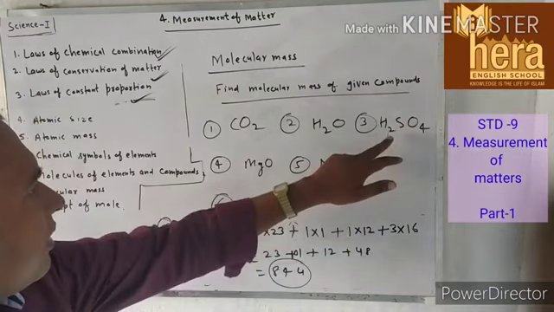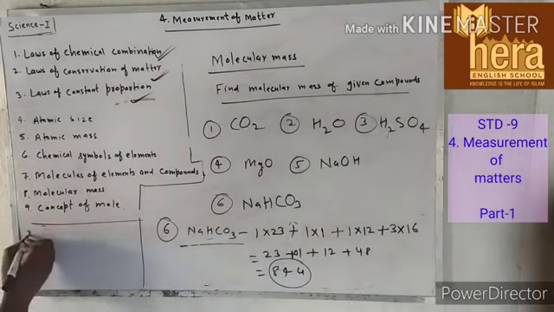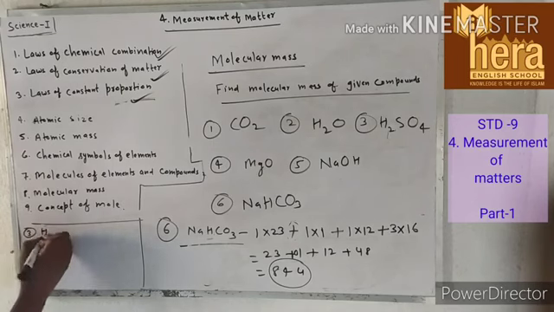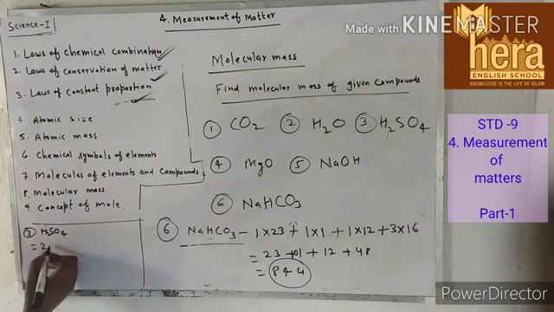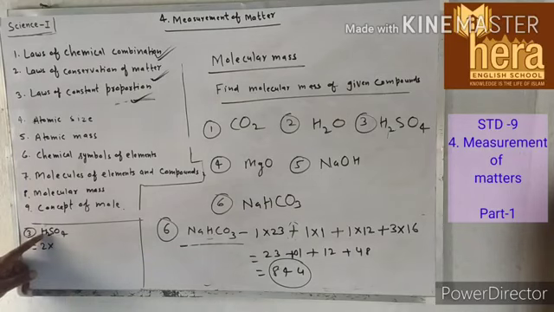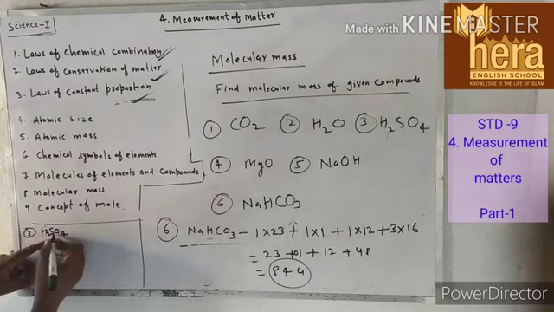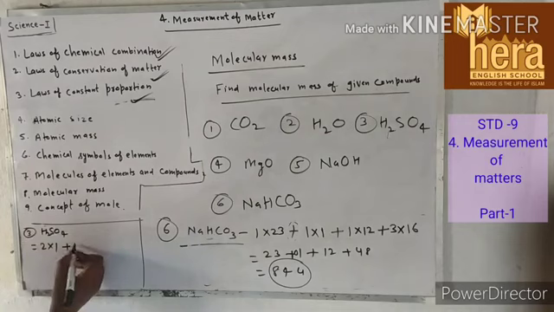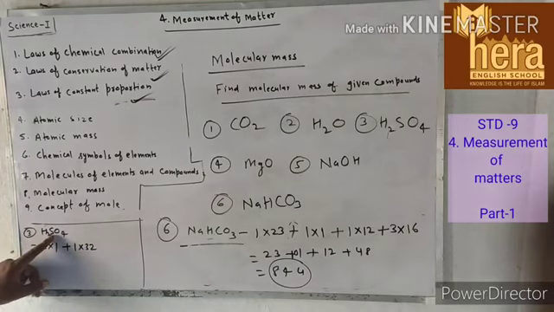One more example I will take: the third one, H2SO4. The number of hydrogen atoms is 2, so write 2 into the atomic mass of hydrogen, which is 1. Plus, the number of sulfur atoms is 1, so 1 into the atomic mass of sulfur, which is 32, as given in your textbook.